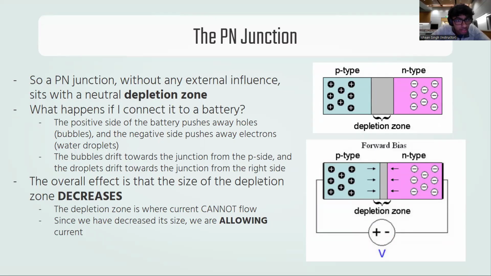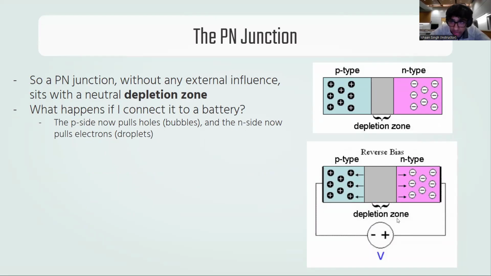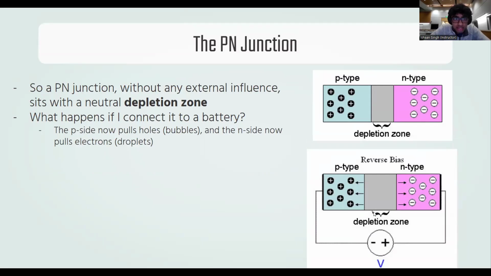Okay, we allow current. But what if I attach the battery the other way around? What if I attach the plus side to the N side and the minus side to the P side? Now the P side is going to have the holes pulled away, because the minus is going to attract those pluses.